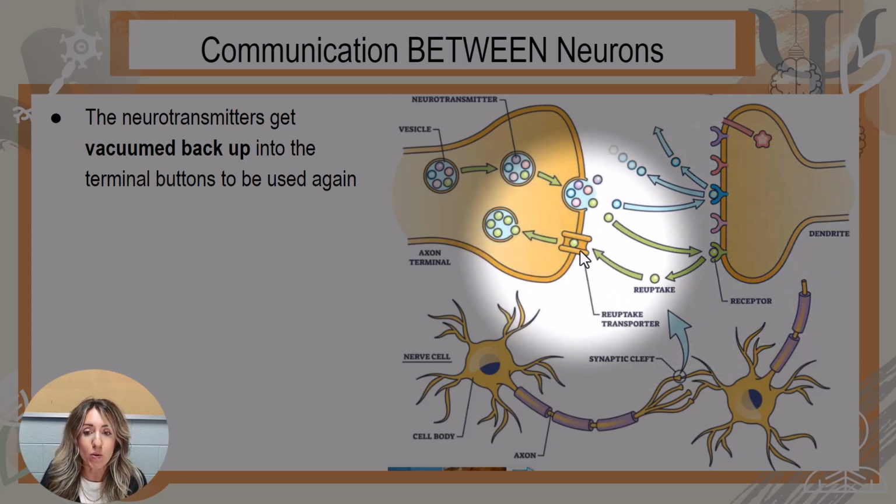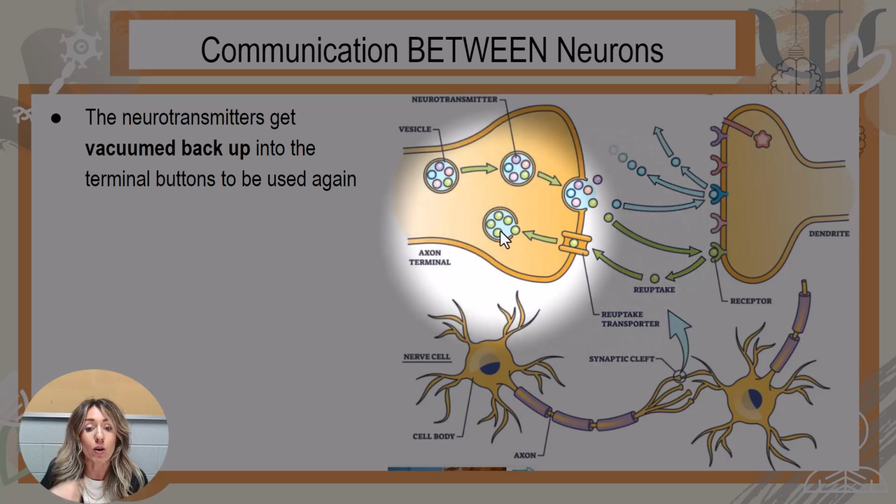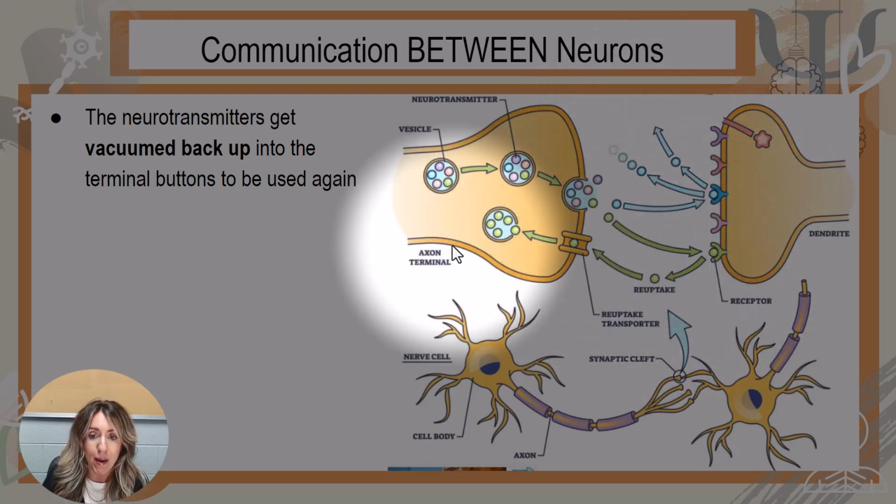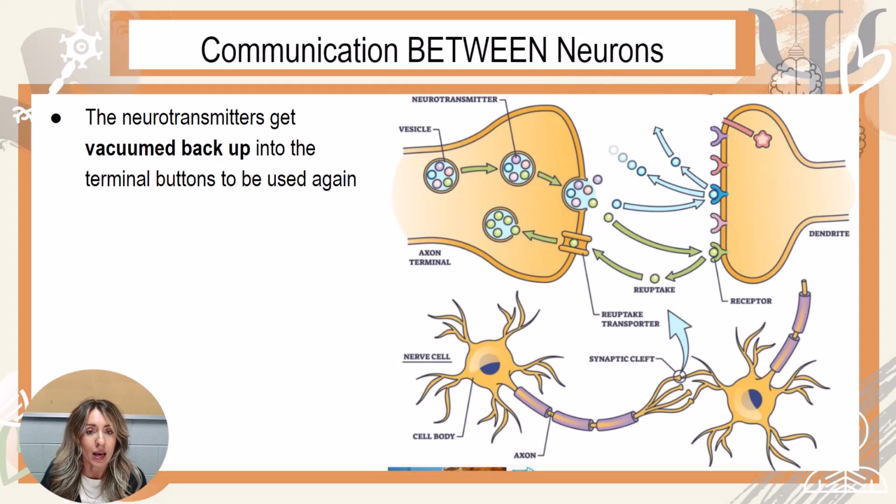So they get vacuumed up through these little transporter vacuums back up into the cell where they get reutilized. Now, you can also see from the blue arrows that not all of the neurotransmitters make it back into the cell. Some of them get disintegrated in the synapse, and there are other things that can happen to them, but a large majority of them get sucked back up through a process of reuptake, right? That vacuum process, reuptake.